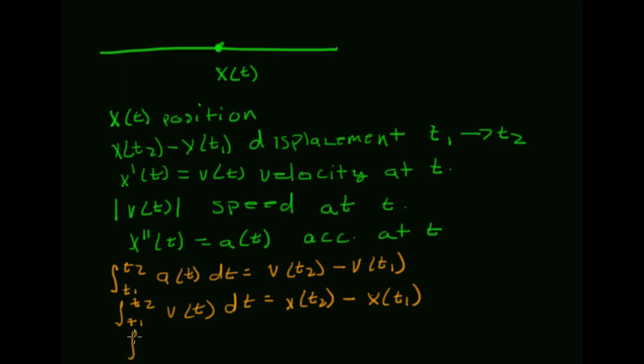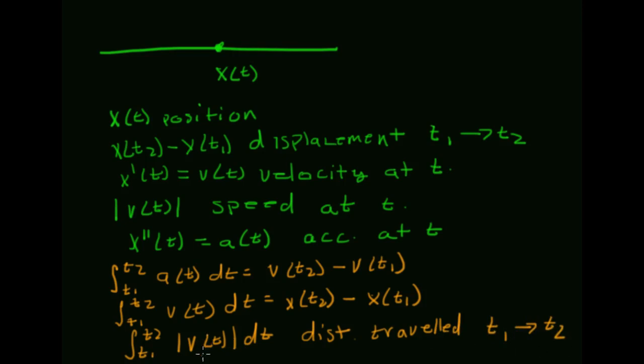And if I take the integral from t1 to t2 of the absolute value of the velocity of t dt, this is going to give me the total distance traveled from t1 to t2. So the absolute value in there is going to give me not just displacement, but it's going to add up the distance that I've traveled all along.